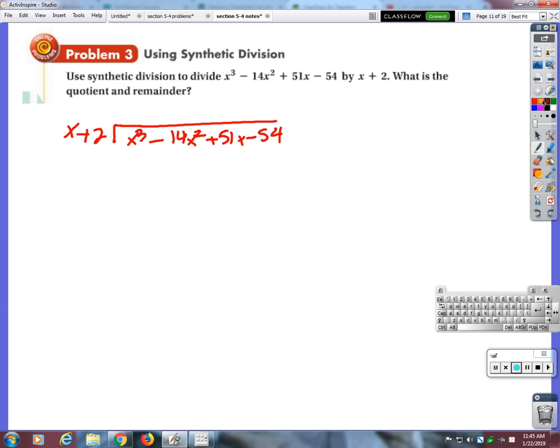All right, so here's how synthetic division goes. We're going to start by making a little box right here, and in that box, I am going to put the number that makes this 0. What number makes x plus 2 equal to 0? Negative 2.